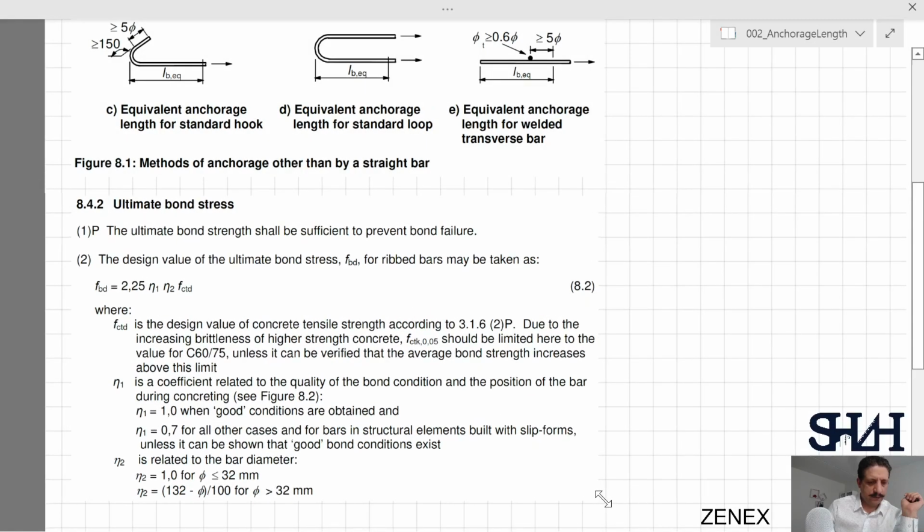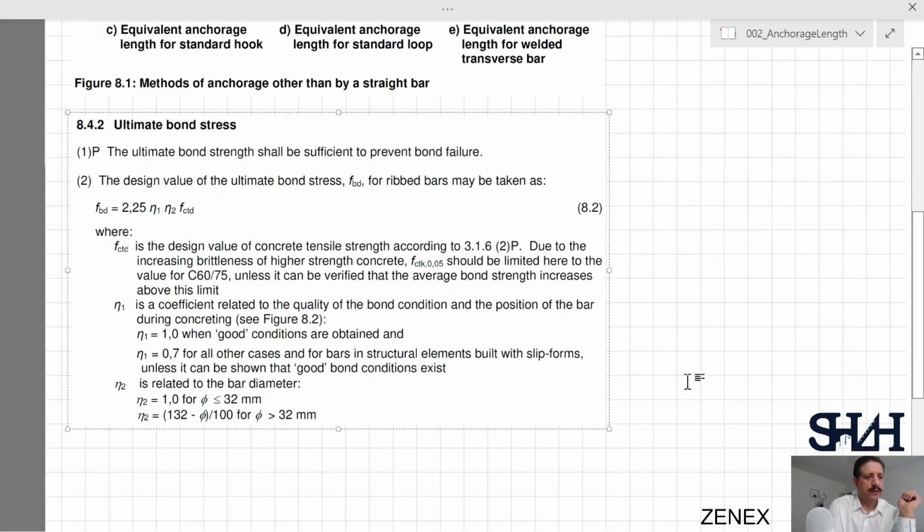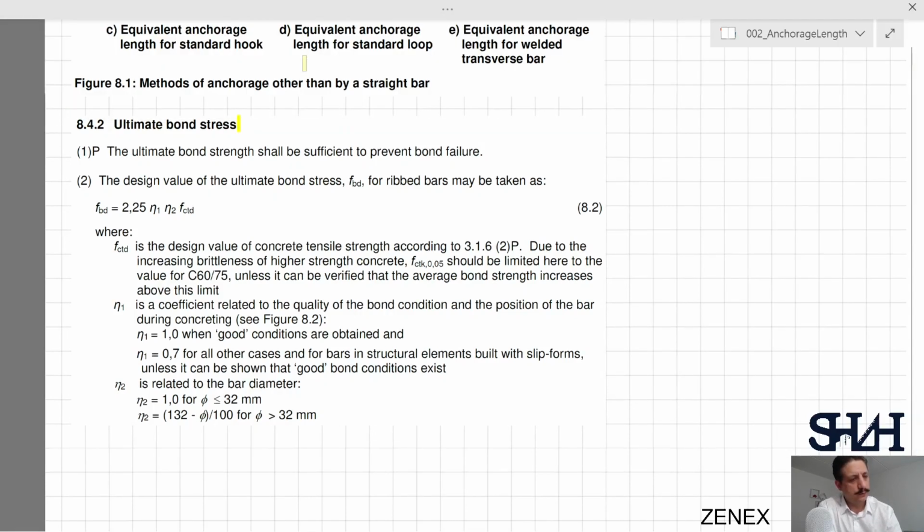As we noticed, I changed the notation to fbd. This is the ultimate bond stress, which is given in clause 8.4.2 in Eurocode 1992-1-1. The ultimate bond strength shall be sufficient to prevent bond failure.